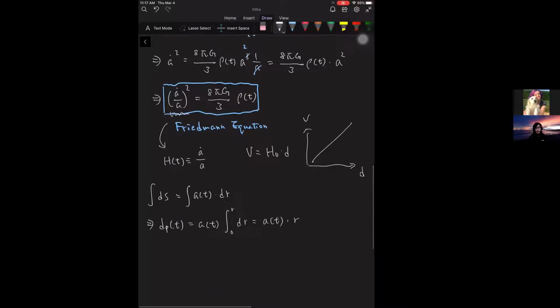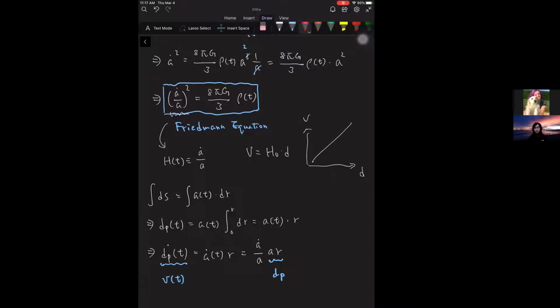So if we take the time derivative of this equation, we will get dp, the time derivative of the proper distance, equal to a dot times r. And we can write a dot as a dot over a times a, right? And then the r here. So now we can identify this as just the proper distance, right? And the time derivative of proper distance is basically just the velocity, right?